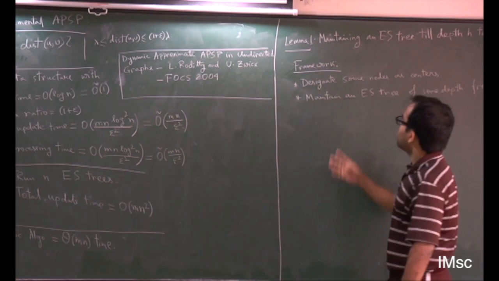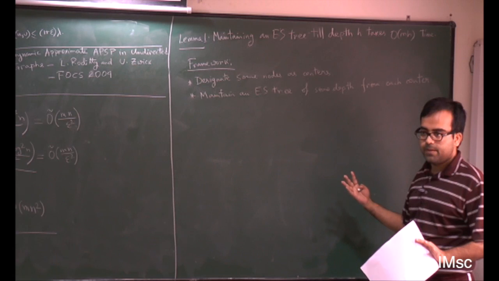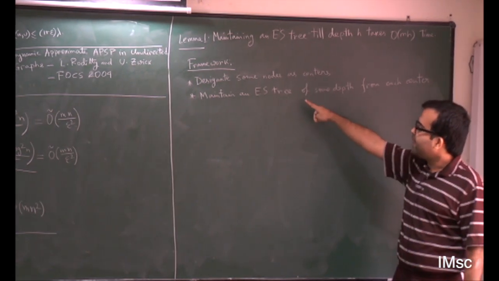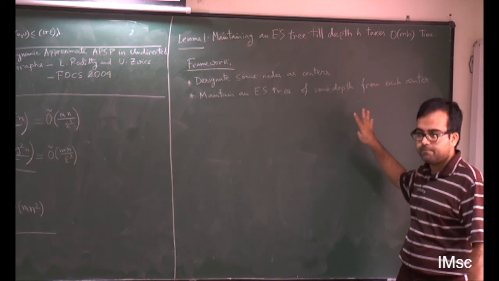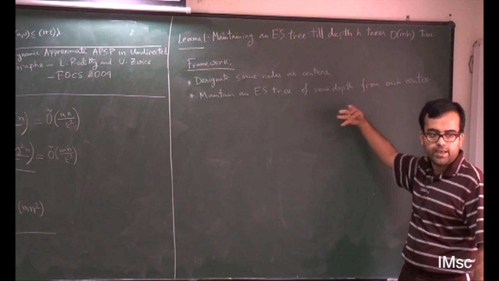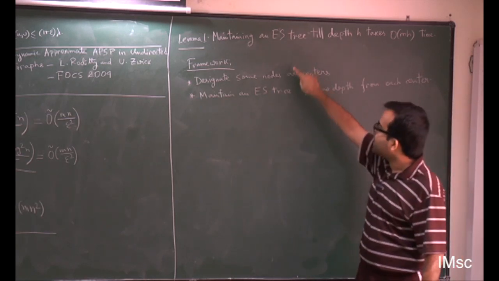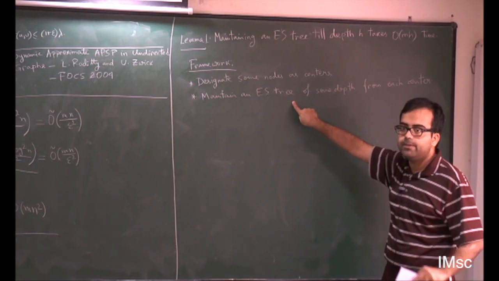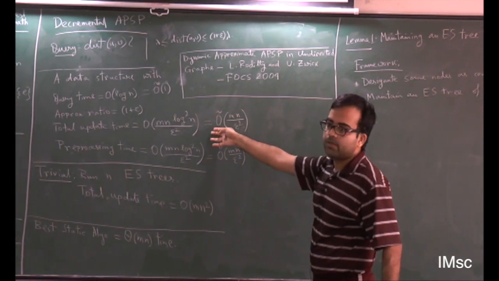But the trick would be, we will only pick some of these nodes as centers, and we will also vary the depth of the eventual trees maintained from these centers. Okay. So, these are the two flexibilities that the algorithm will have. And now, these centers and the depths of the eventual trees will be chosen in such a way so that the total update time becomes tilde mn.